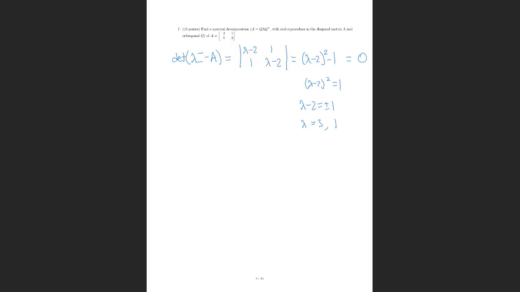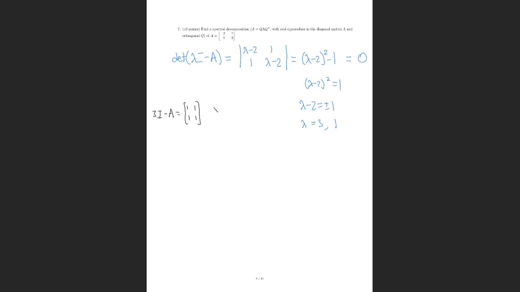So then for each of the eigenvalues, starting with lambda equals 3, to get the eigenvectors, we'll look at 3I minus A. So we can plug in 3 for lambda, which will just give us 1, 1, 1, 1. And then you want to find the null space of this matrix to get the eigenvectors.